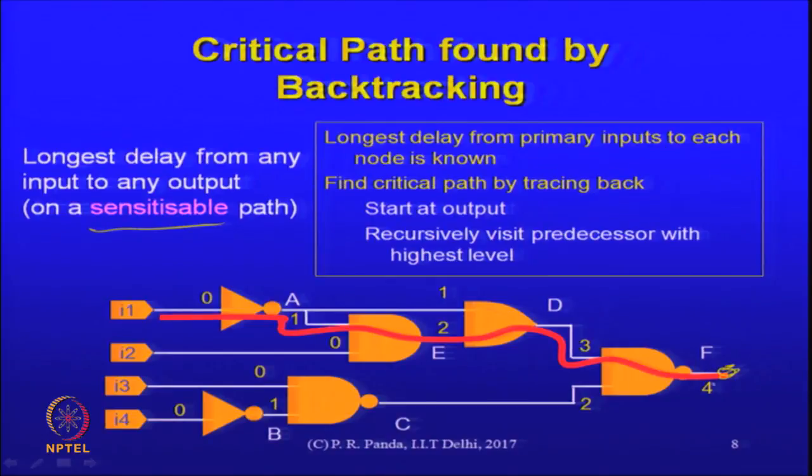If this is the level, you just proceed to that input, corresponding to the maximum arrival time. So, you would pick that, go back from here, you would pick this, from here you would pick this, from here you would pick this. That is the path that we are interested in. Recursively, you visit the predecessor with the highest level. So, this is a simple computation.